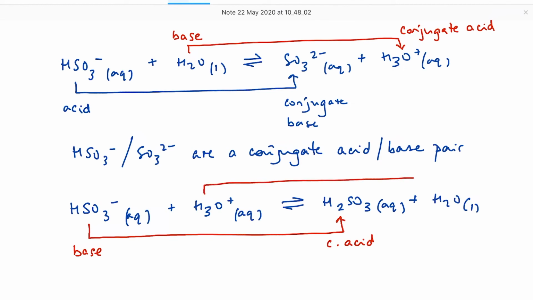H3O+ is my acid because during the course of the reaction it donates a proton to SO3 2- and we end up with water. So this is my acid and H2O becomes the conjugate base. So acid-base pairs, conjugate acids and bases, we're describing the behaviour of substances. We're not giving them definitive labels.